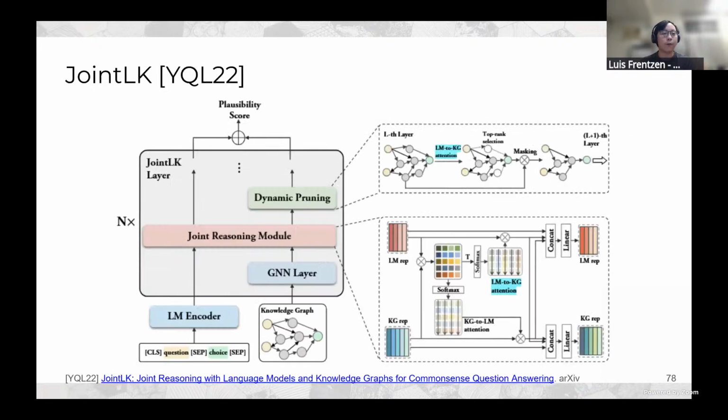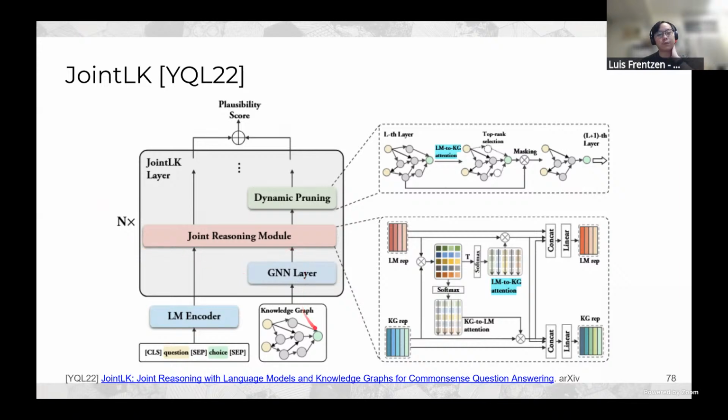So for example, in this paper, JointLK, they introduced some sort of reasoning model where you utilize dynamic pruning so that you could iteratively make your knowledge graph smaller and smaller as the reasoning progresses from layer to layer. They stack this n times. I think the paper states that they stack this about 5 times or so.